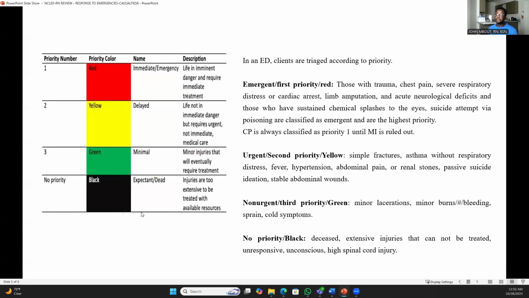No priority, the last level: extensive injuries that cannot be treated, unresponsive, unconscious, high spinal cord injury. During mass casualty incidents, you don't attend this patient, their rate of survival is very low.